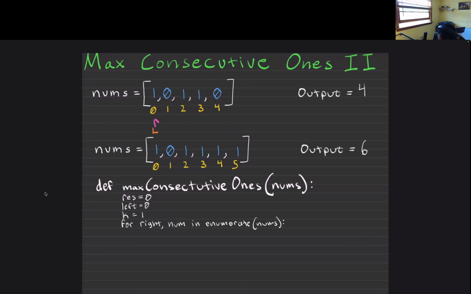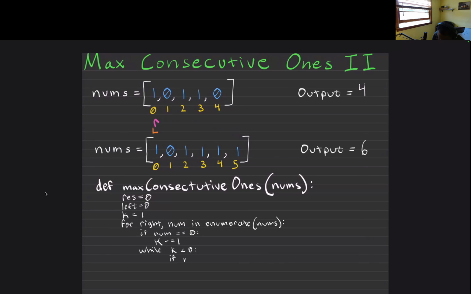First and foremost, let's check if the current number is equal to 0, which means we are going to do a flip. We can only do one maximum flip, so that's why, while k is less than 0, that means we've done that one maximum flip already, okay?